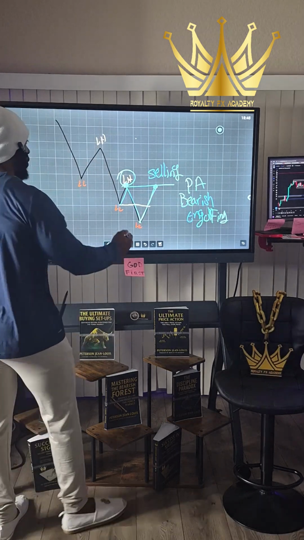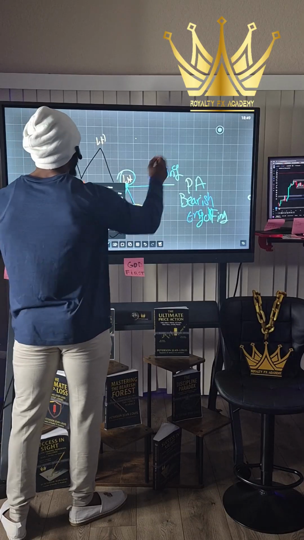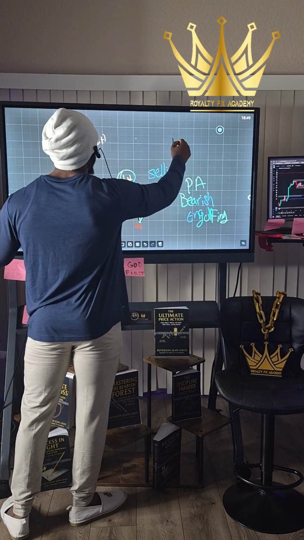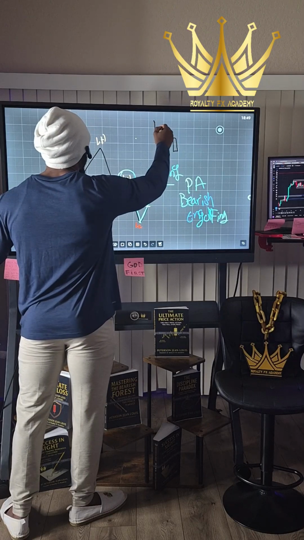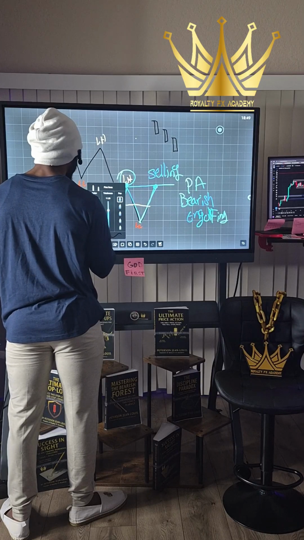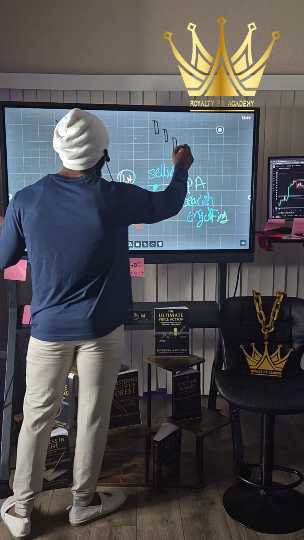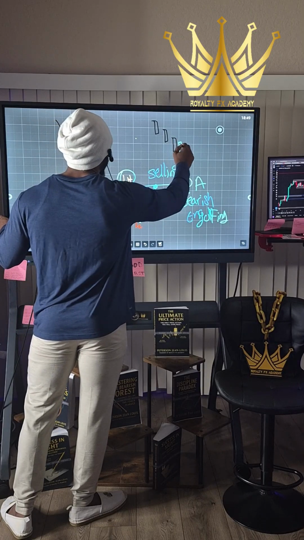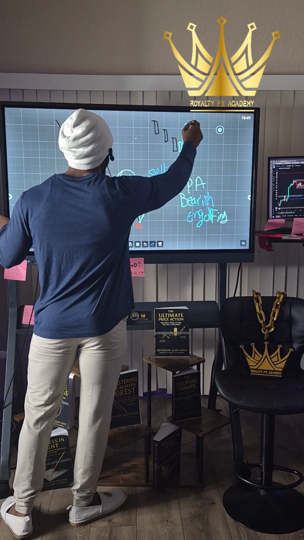So let me just draw the textbook bearish engulfing. Okay. Bearish candles. Okay. So the market is falling. And let's do bullish candles going up, like so.